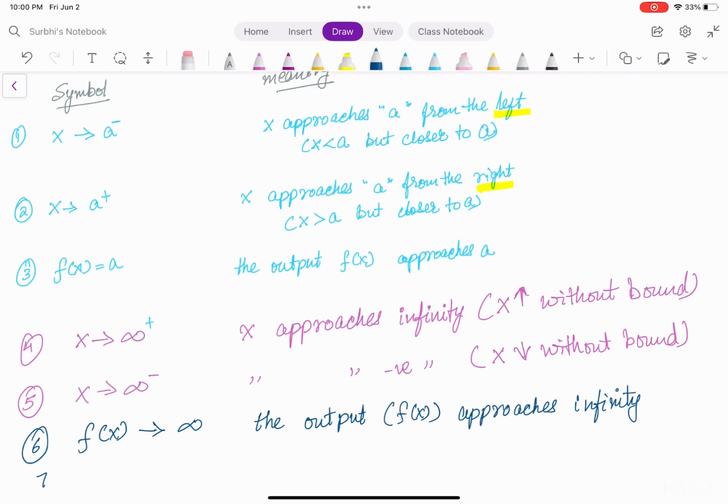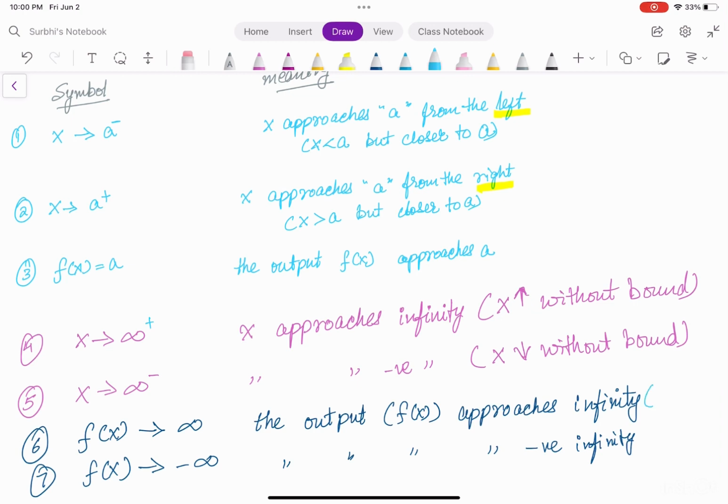So we talked about a, we talked about infinity. Let's further write f of x, arrow sign, now negative infinity. So now negative infinity means it is a negative sign. So the same thing, the output, f of x, approaches negative infinity. So whenever there is a minus sign, you need to specify that we are talking about negative numbers.